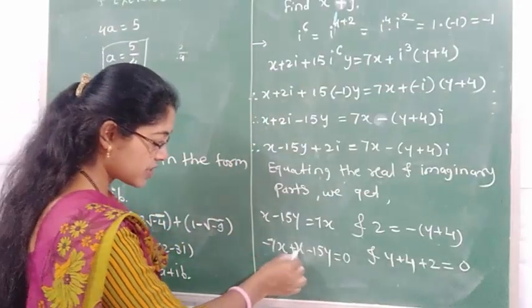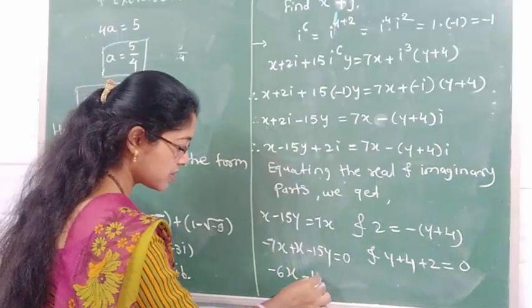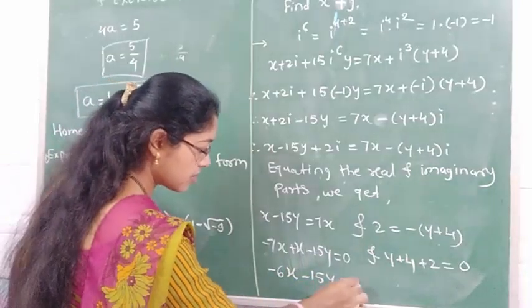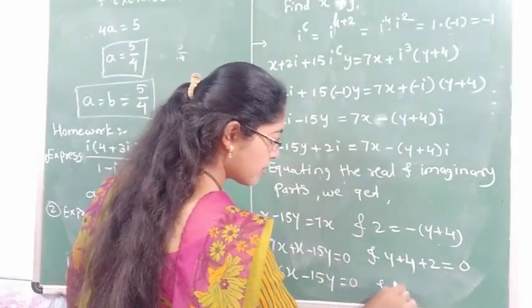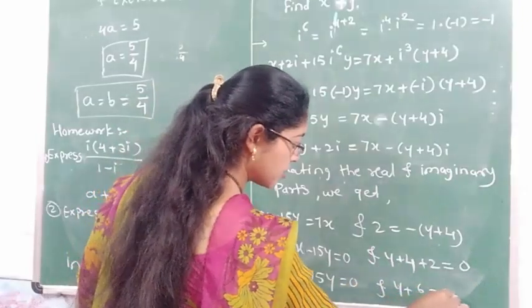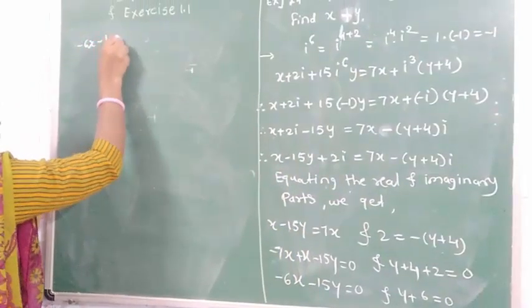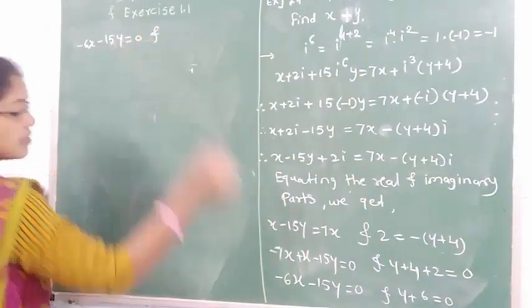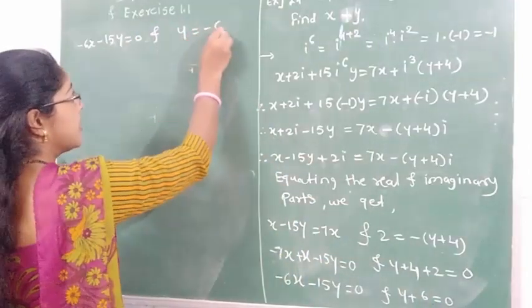So minus 7x plus x is minus 6x and minus 15y is equal to 0, and y + 6 is equal to 0, which means y is equal to minus 6.